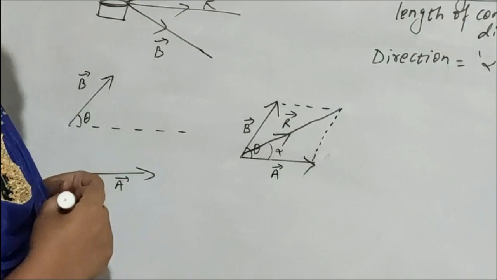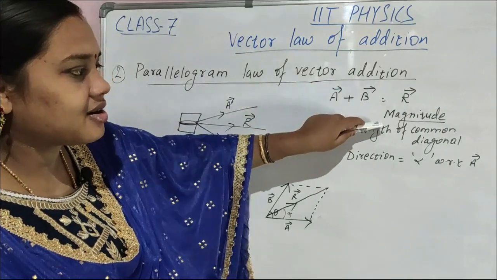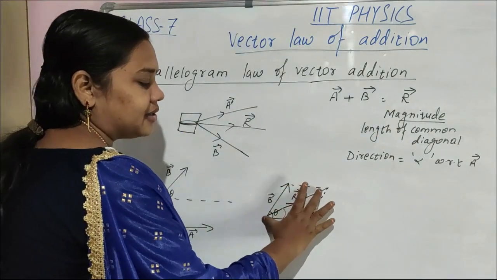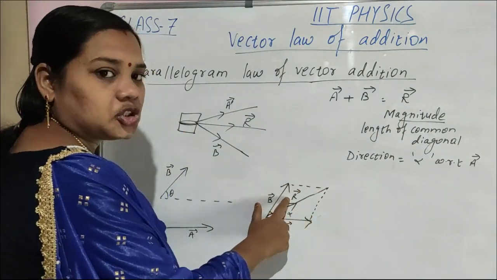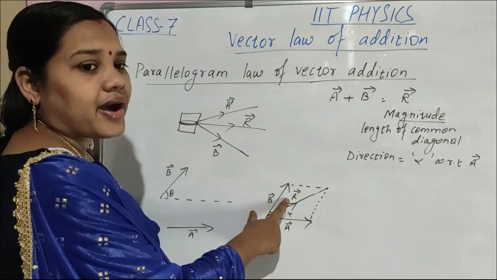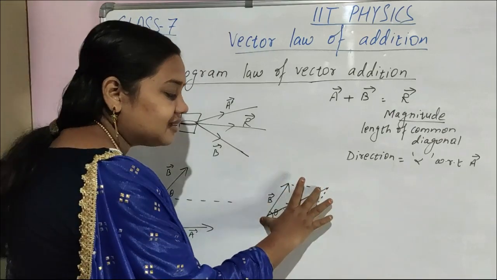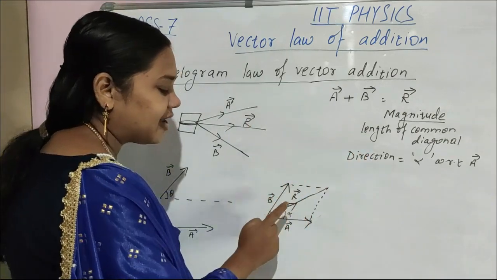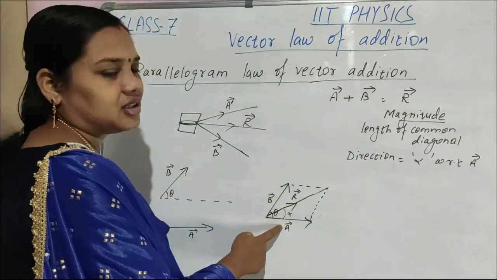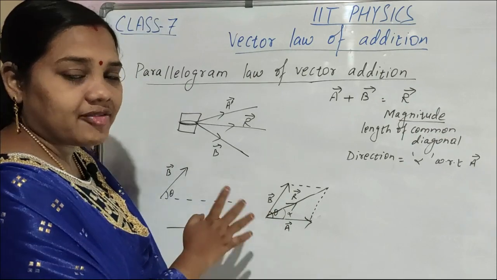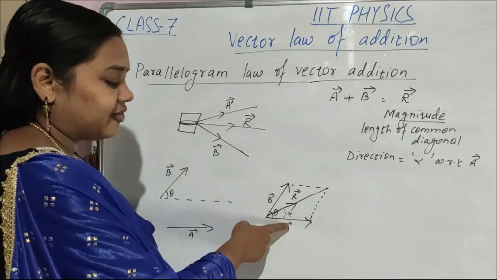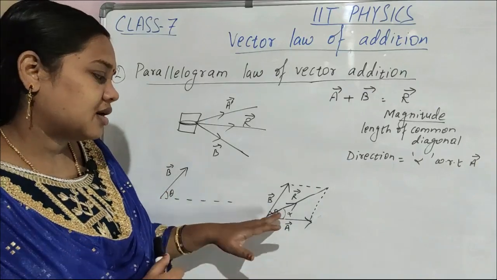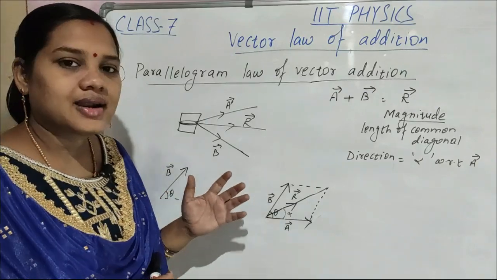So R vector is the resultant vector. Now the R vector magnitude: what is the magnitude? The length of the common diagonal. And what is the direction? Angle alpha with respect to the A vector, the first vector. This is the direction.